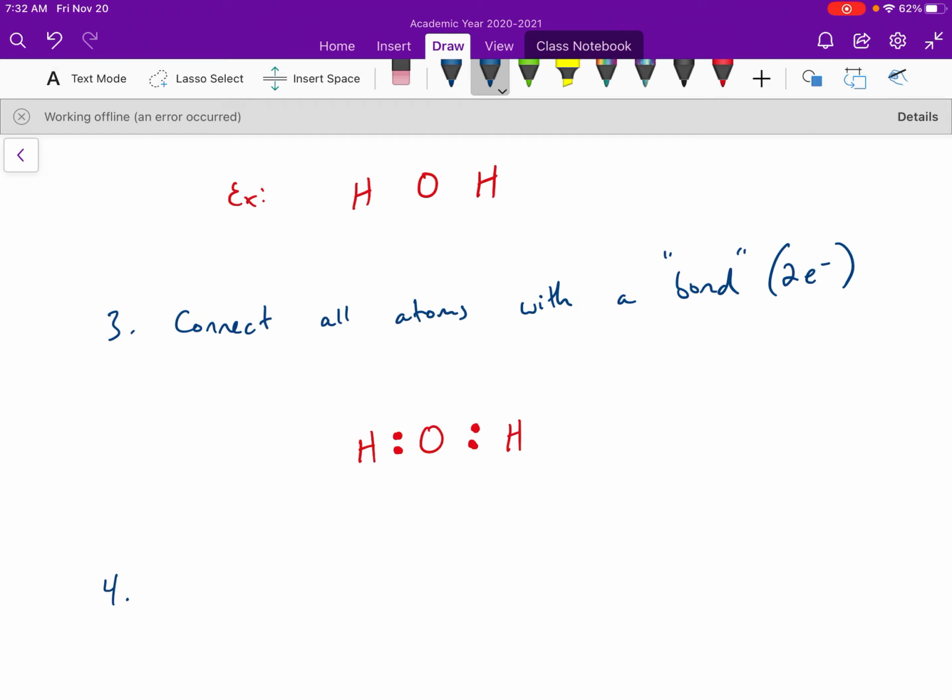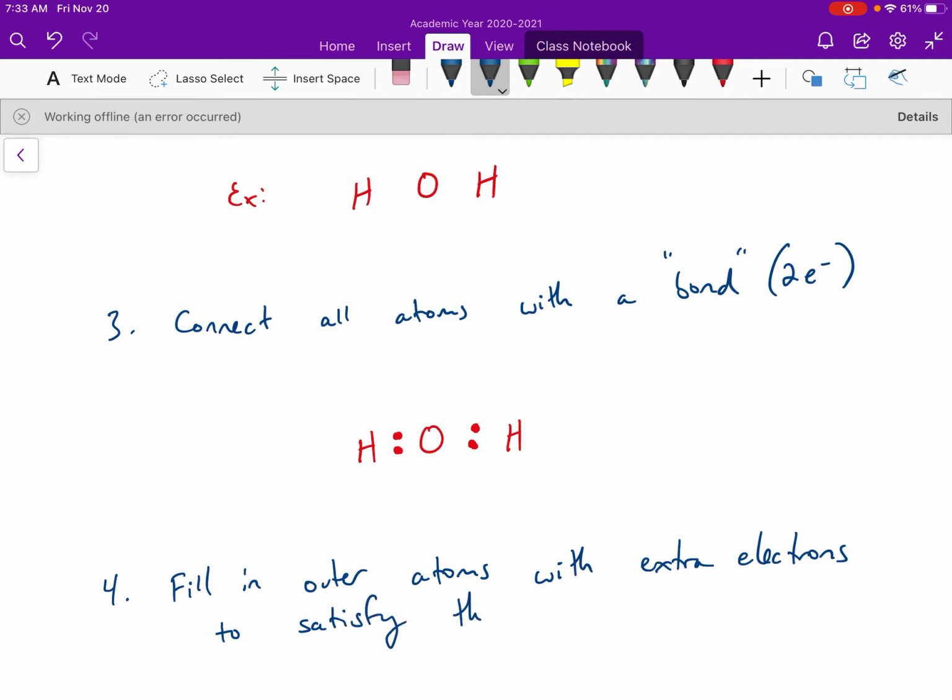Next thing, fill in the outer atoms with the extra electrons to satisfy what's called the octet rule.